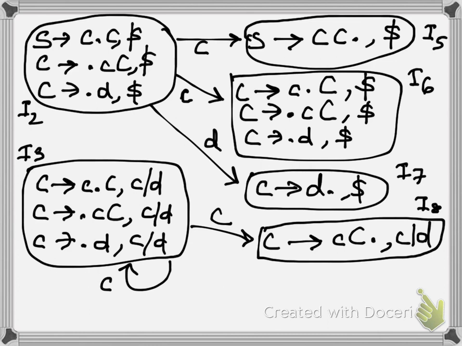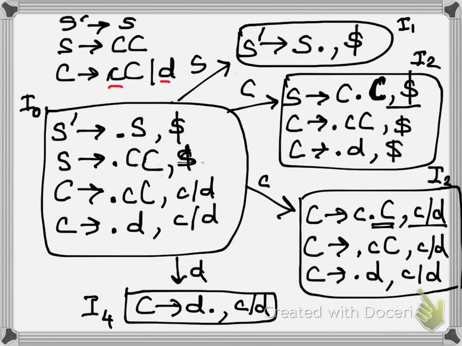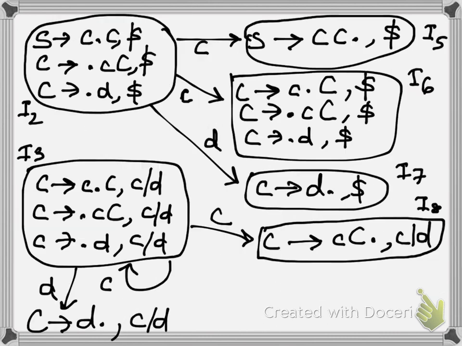So here on D, I3 on small d will go to C derives D dot, and look ahead is CD. So this is same as our items I4. So I will just remove this. So I'll say that this goes to I4. Okay. So we have completed all states in this level.